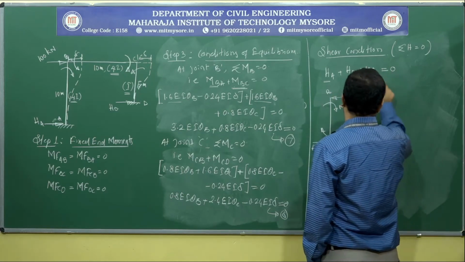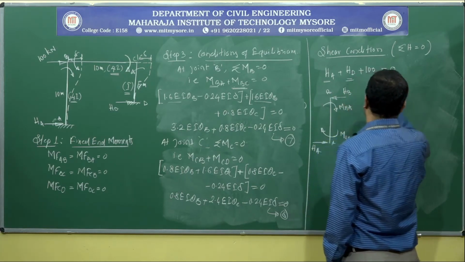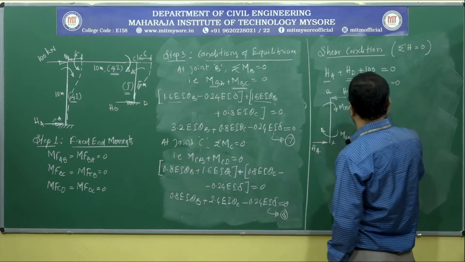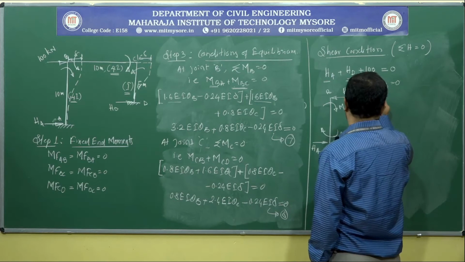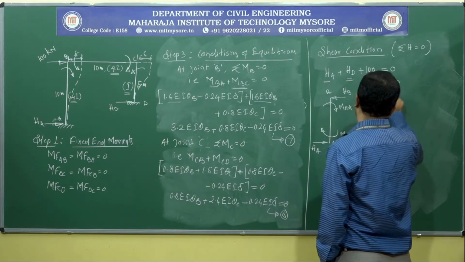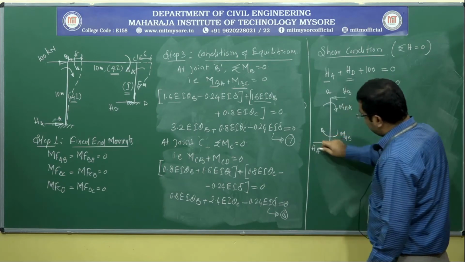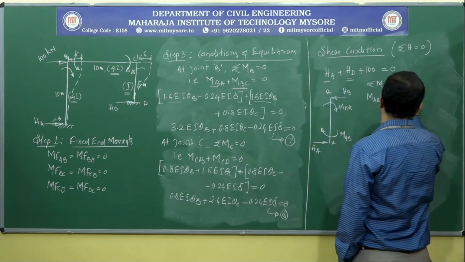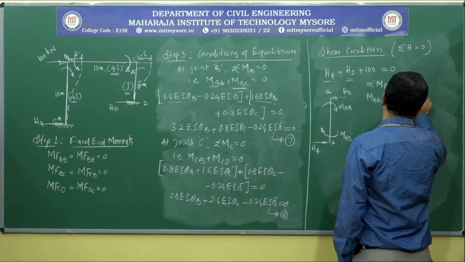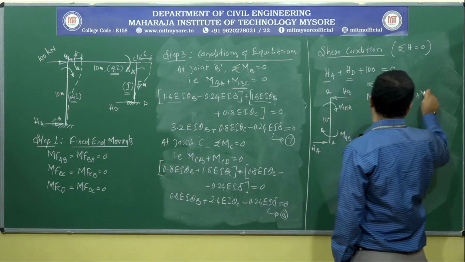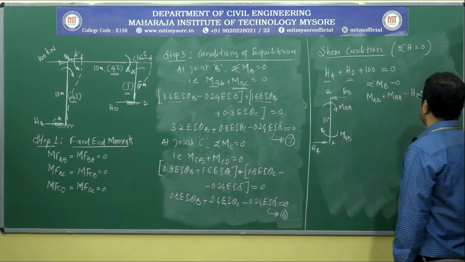If I take moment of all the forces about B point and equate it to 0, then these two are positive moments, that is MAB plus MBA. Apart from this, this HA creates an anticlockwise moment. So, minus of HA into its perpendicular distance, that is 10 meter, equals to 0.